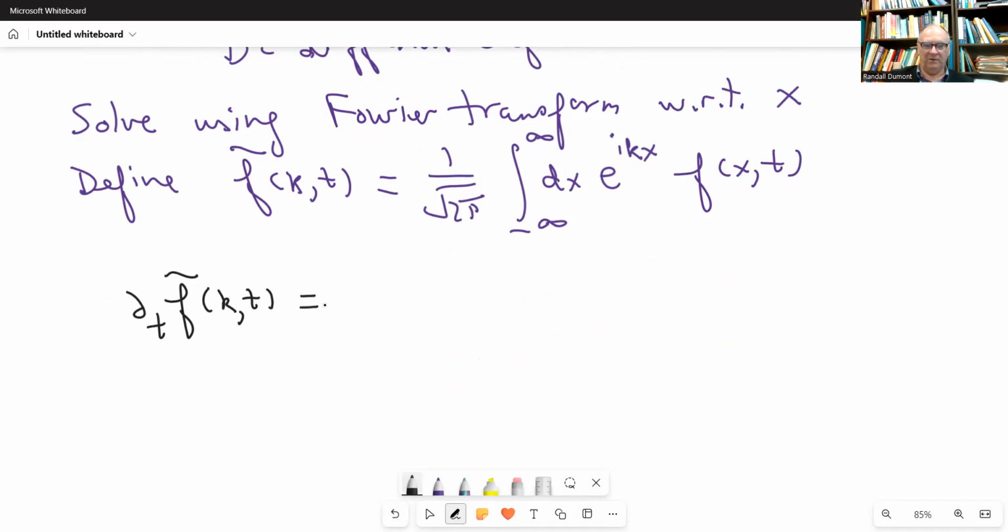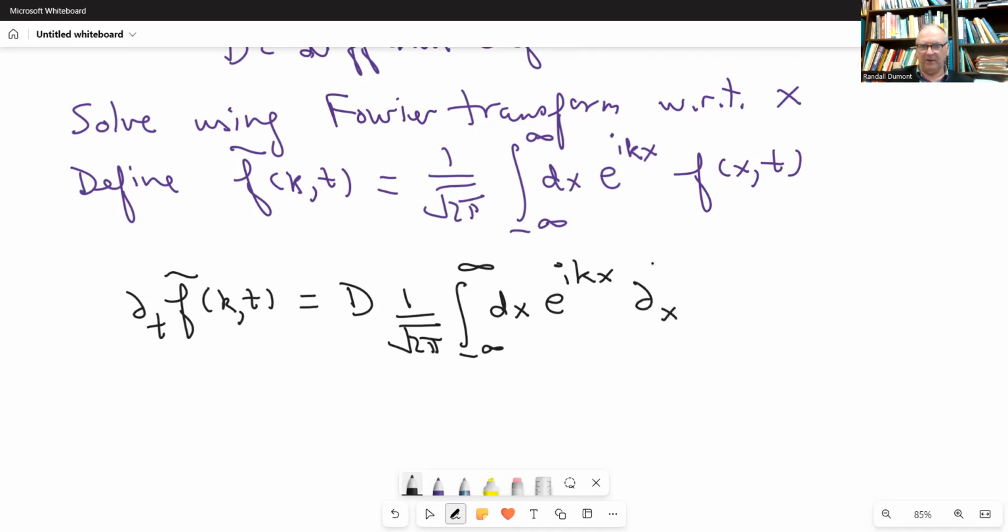So we have the time derivative of the Fourier transform of the distribution of positions of the particle is equal to the diffusion coefficient times the Fourier transform of the second derivative with respect to x of f of x, t.